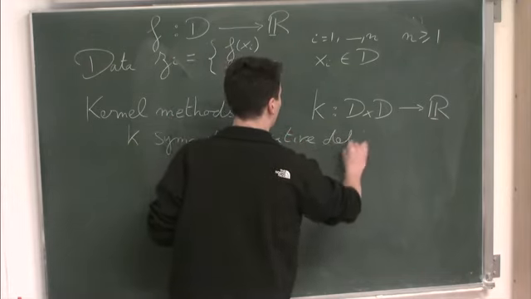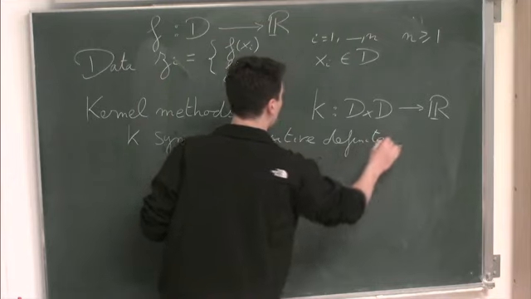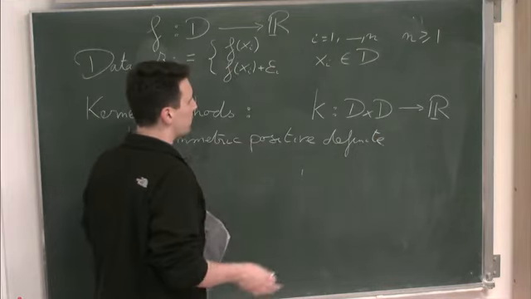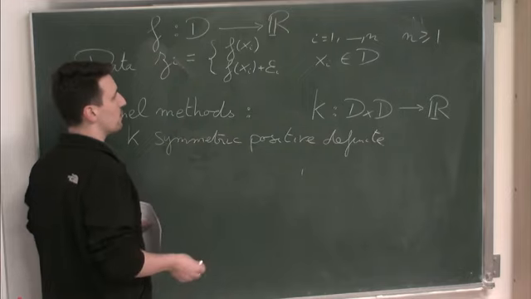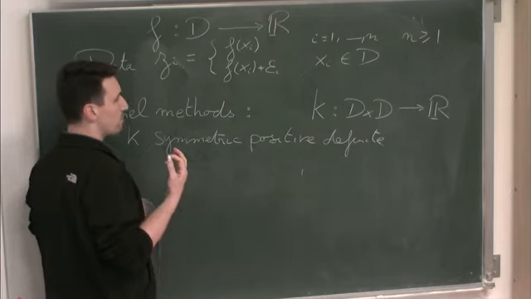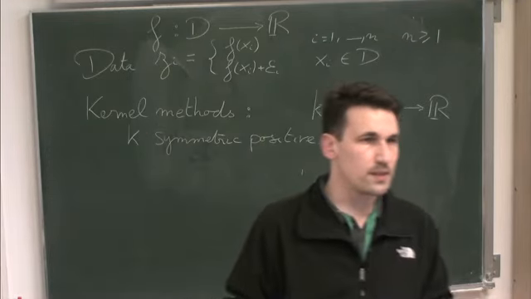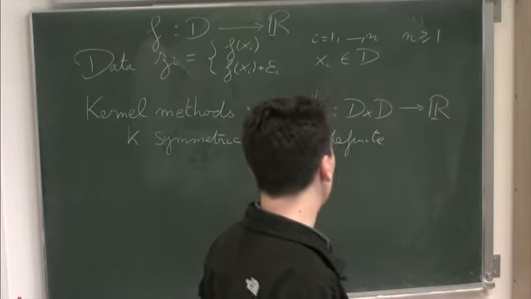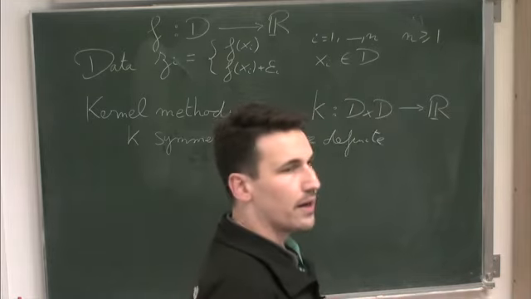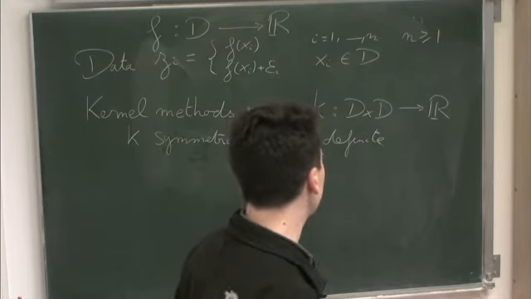Symmetric positive definite kernels in the real valued case are basically the basic object upon which we can create Gaussian processes, Gaussian process surrogates, and it's also the basic object that underlies the theory of reproducing kernel Hilbert spaces.